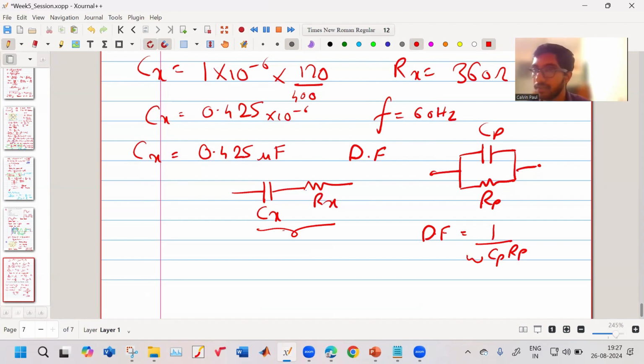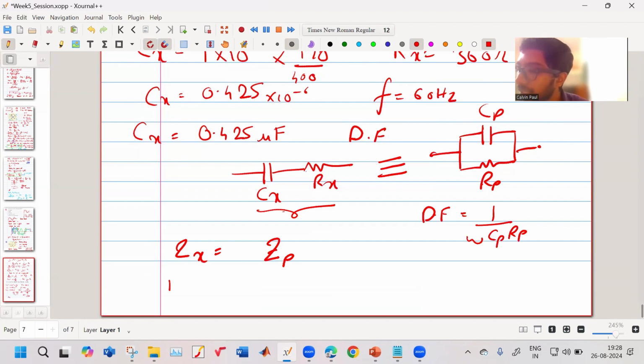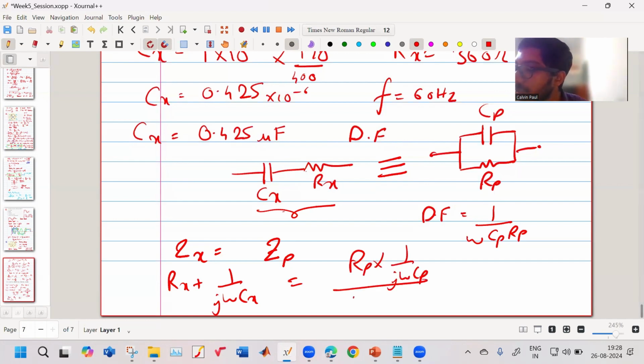That is the question. So what we must do is we must find the equivalent of these two. So that means my Zx should be equal to Zp. So that means my Rx plus 1 upon j omega Cx should be equal to Rp into 1 upon j omega Cp upon Rp plus 1 upon j omega Cp.